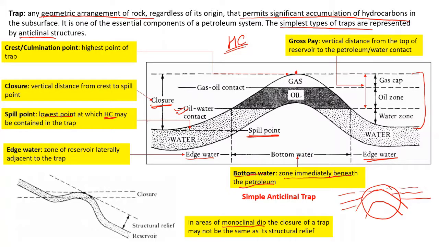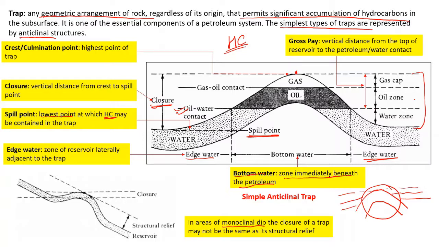So how much convexity the structure is showing is called the structural relief. Does that structural relief coincide with the closure? Yes, in normal anticlines you can see that the closure coincides with the structural relief.